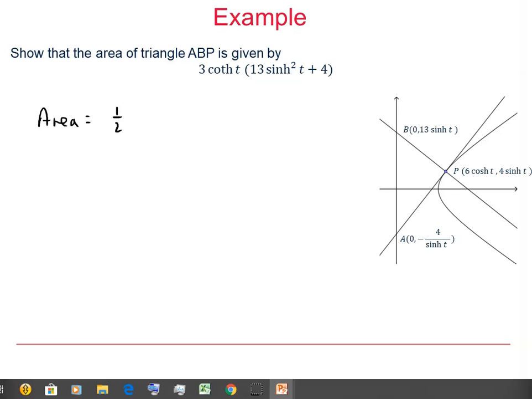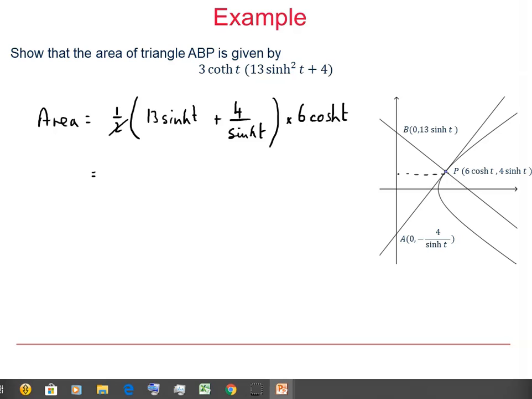The base length BA is equal to 13 sine t plus 4 over sine t, and then we've got to multiply that by the perpendicular height of the triangle, which is equal to 6 multiplied by cos t.